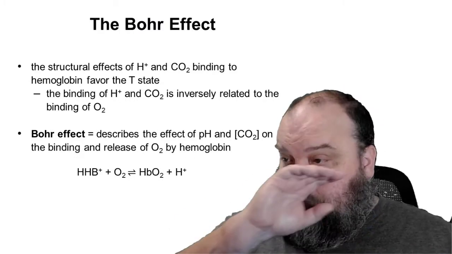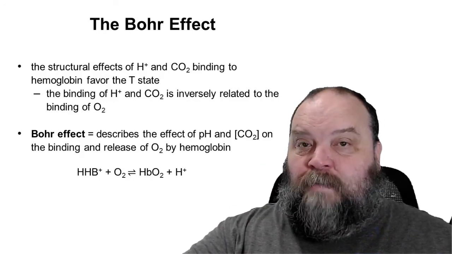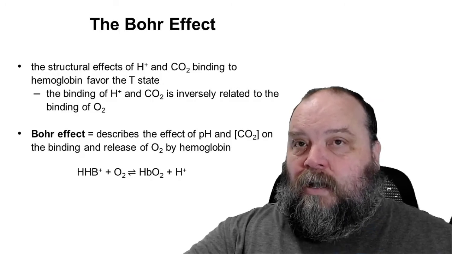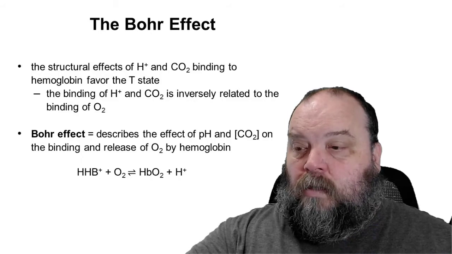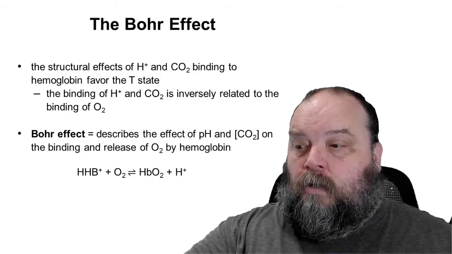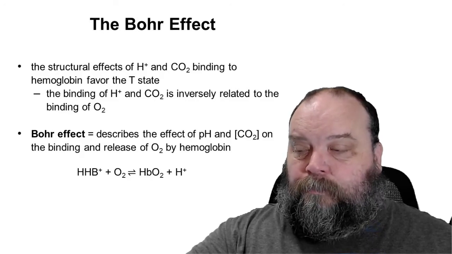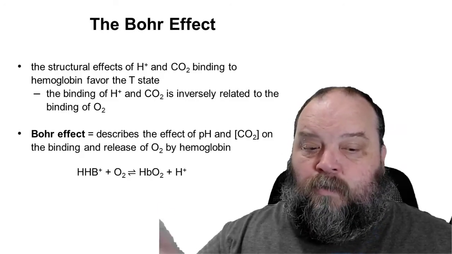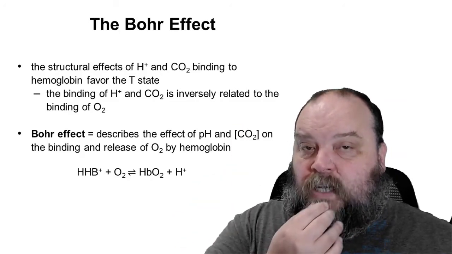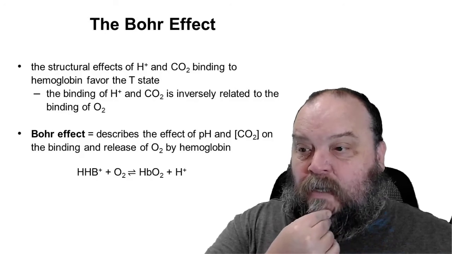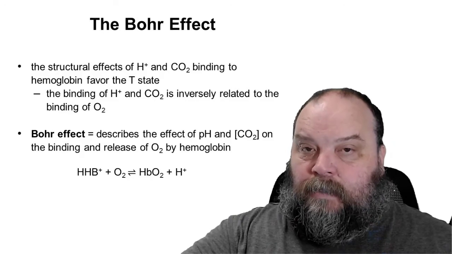We end up with what is known as the Bohr Effect. The Bohr Effect examines this interaction of hemoglobin with pH, taking into account carbon dioxide concentrations and so on. So as you see here, changes in pH change the affinity of hemoglobin not only for oxygen but also for carbon dioxide.